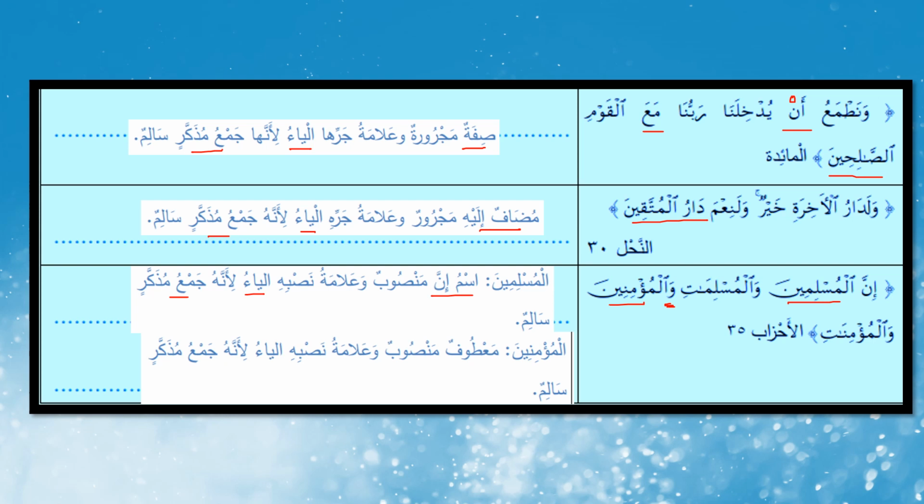That it follows the same eraab that is before the waw. So before the waw it was mansoob. And what is the noun called after the atf? It's called ma'tuf and it's mansoob because it is following the same i'rab. The sign of nasb is the ya because it's Jama muzakkar salim. So this is all the i'rabs about the Jama muzakkar.